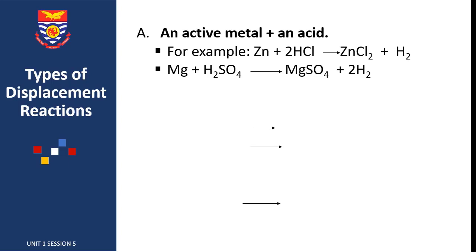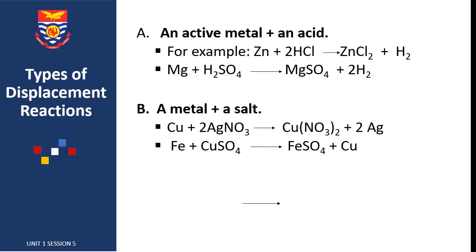Another example is magnesium reacting with sulfuric acid. There is a displacement here. Magnesium displaces the hydrogen, so that at the product side we have magnesium sulfate and then the hydrogen gas.